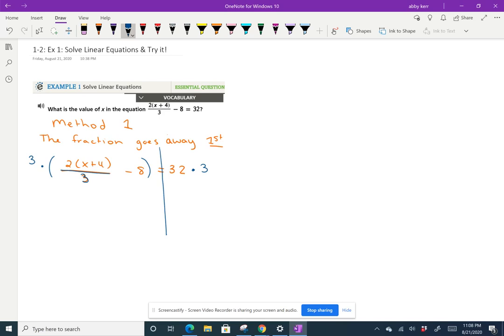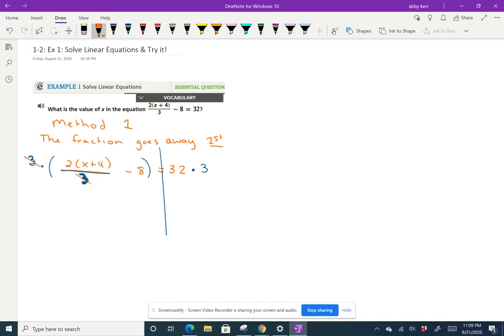So notice that this 3 right here is in the denominator, and then the 3 that we're multiplying by is now in the numerator. Make sure that you draw it in the numerator, because this 3 right here that I keep highlighting is really in the denominator. So 3 times, this is really 1/3.